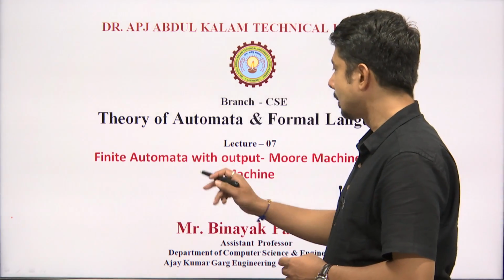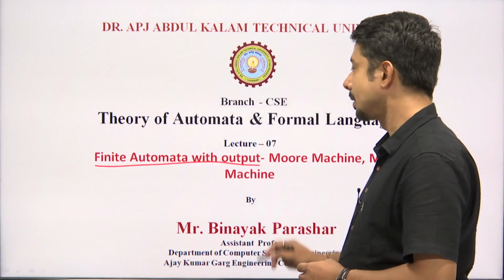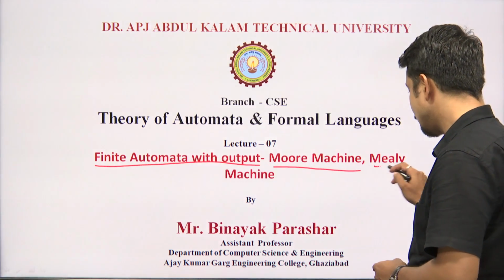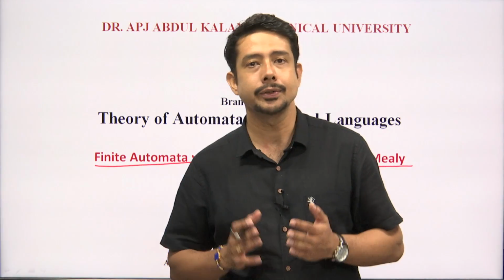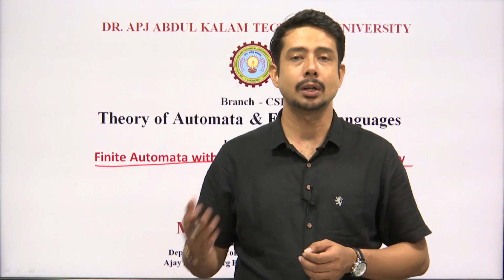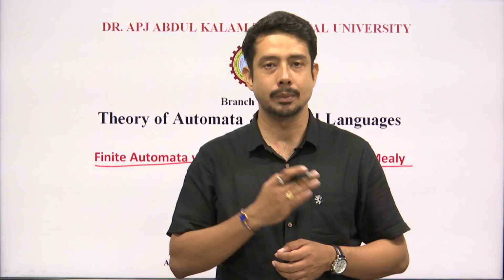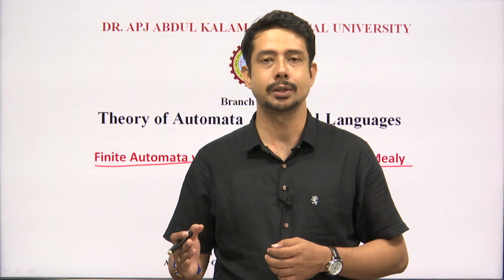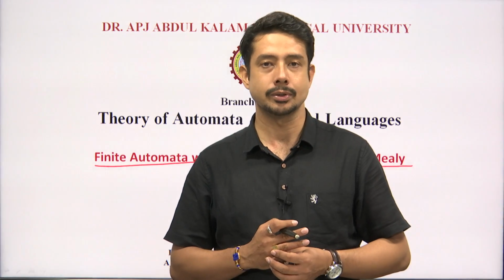In this video we will come across finite automata with output, that is nothing but Moore machine as well as Mealy machine. So, till now we have seen finite automata without output, that is DFA, NFA and epsilon NFA: deterministic finite automata, non-deterministic finite automata and non-deterministic finite automata with epsilon transitions.